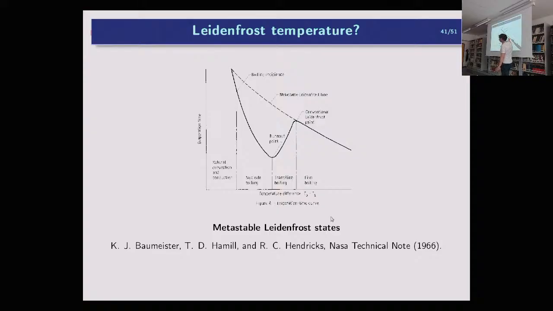And then if you increase the temperature and you redo the experiment, it's going to take less time to evaporate, and it's going to decrease again. This is the 66 graph, but it's been rediscovered since. Then at some point, which is not known, we don't understand the value of this temperature, at some point, it's going to go.